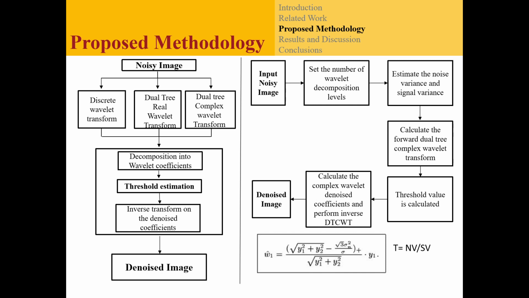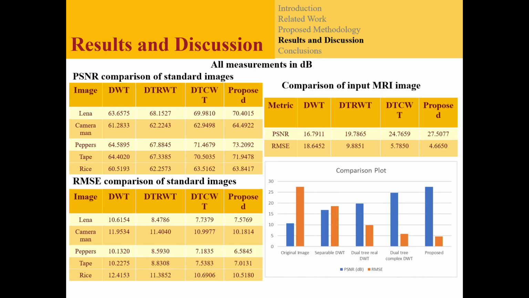With these techniques, the complex wavelet transform is more efficient and gives a more effective and nicer image. We can see from the table that we have taken 5 images, and from those images we see that the dual tree complex wavelet transform is more effective than the other wavelet transform techniques.